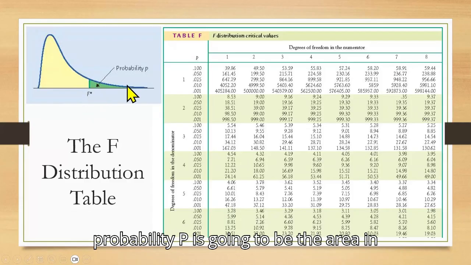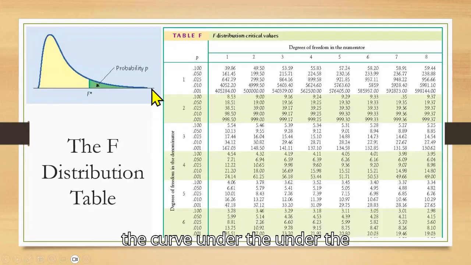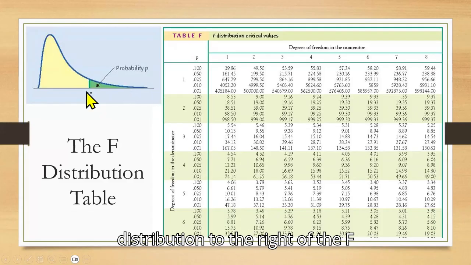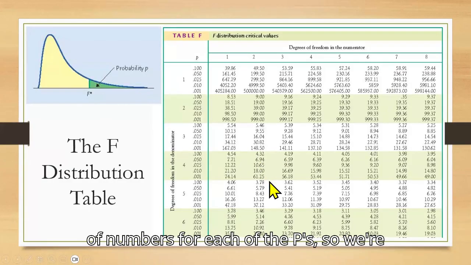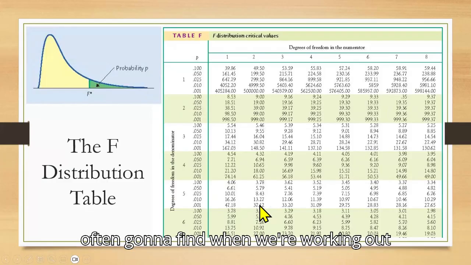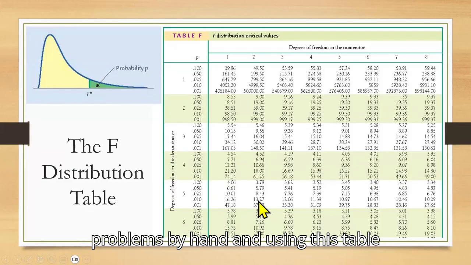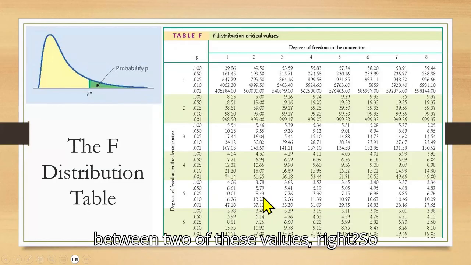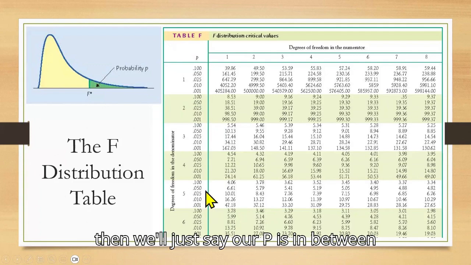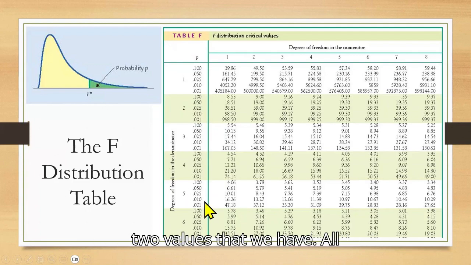And the probability P is going to be the area under the curve to the right of the F. All right, so we don't have a big range of numbers for each of the P's, so we're often going to find when we're working out problems by hand and using this table that our value of F is going to be in between 2 of these values. Right? So then we'll just say our P is in between 2 values that we have.